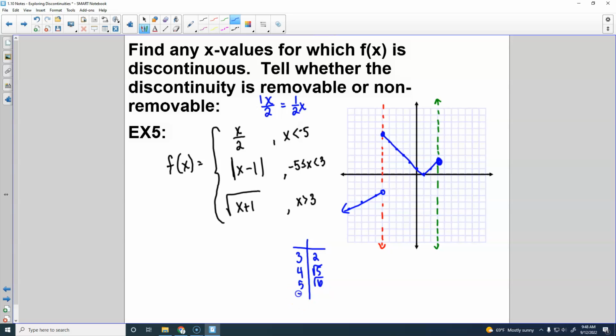Can't graph that. 6 would be square root of 7. 7 would be square root of 8. I'm writing these down, but 8 would be square root of 9, which is 3. So (8, 3) is probably the last thing that's going to fit on the graph anyway. So I've got this curve that looks like this.